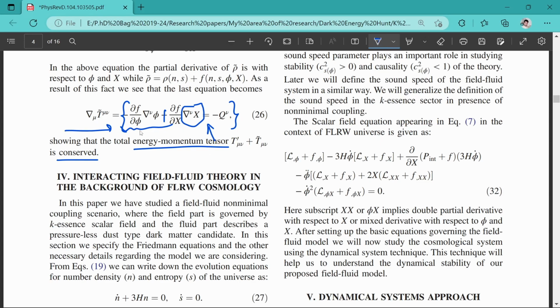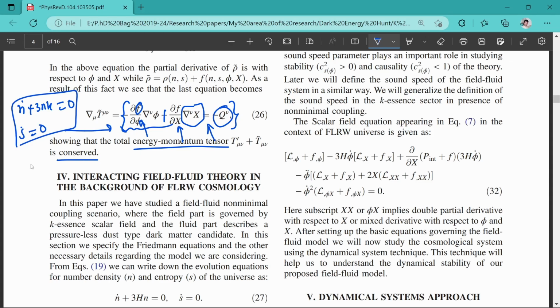As you can see, ∂f/∂φ, if f is independent of φ, then it will become 0, and if f is only dependent on x, then again this term survives. But if you take f to be independent of φ and x, then the Q_ν part will be 0. Therefore, if f does not depend on x and φ, there is no extra term, no Q term arises, because we have already given the constraint that 3n dot plus 3ns is equal to 0 and s dot is equal to 0.